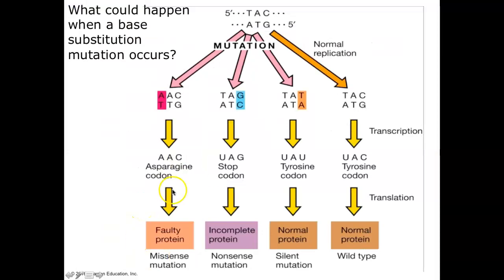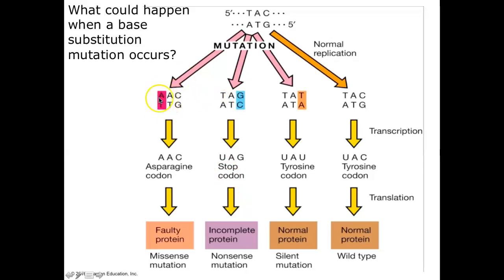Well, let's look. If we are converting what we should be coding for tyrosine, but we actually accidentally coded for a stop, what's going to happen to your protein? It stops getting made. You get an incomplete protein, all right? So this is called a nonsense mutation when you code for a stop. Lastly, we have something called a missense mutation.